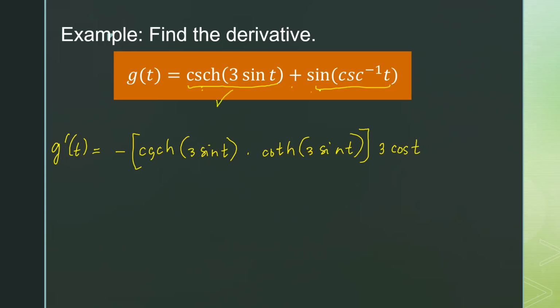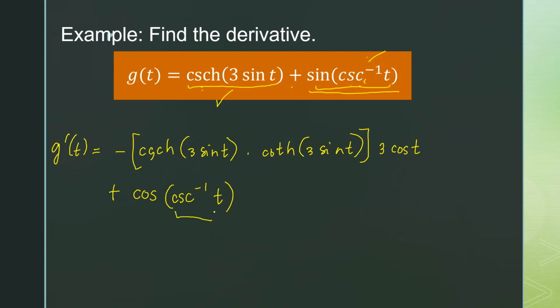Plus, let's go to this one, derivative of the second term. That gives us a sine. Yan, sine function. So differentiating that will be cosine. We copy this one. So that will be cosine of the arc cosecant. Take note, this will not cancel with each other kasi this is inverse cosecant, not the reciprocal of cosecant. Okay, so cosine of arc cosecant of t. Okay.